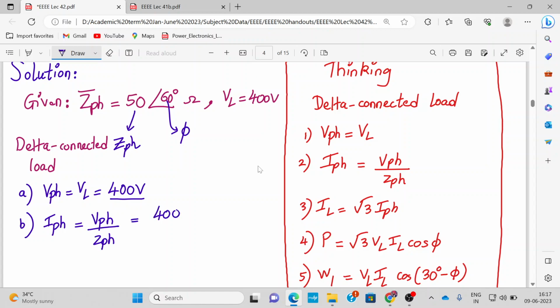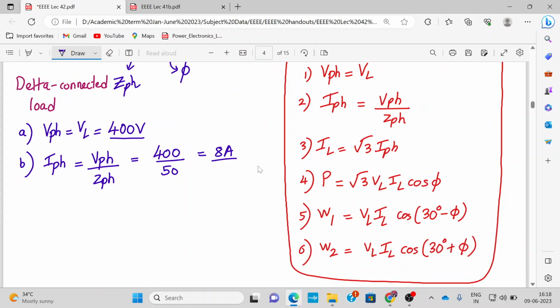So 400 divided by 50, and that will be 8 amperes. Then next is the line current. IL in a delta connected load is root 3 times phase current. So that will be root 3 times 8 amperes. So this will be 13.86. You can cross check it with your calculator.